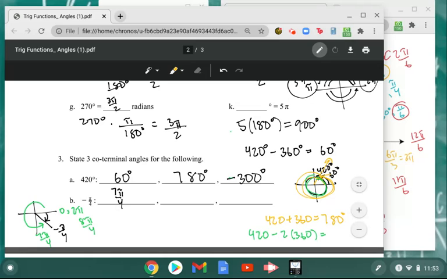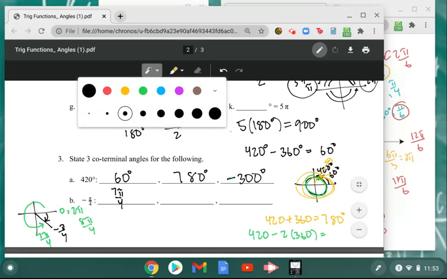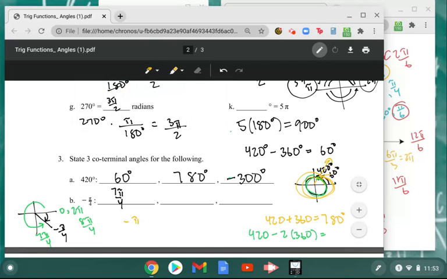That gets me to one of my coterminal angles, 7 pi fourths. From there, I can just keep adding and subtracting full rotations. But for these, I want to add and subtract 2 pi. So let's take that negative pi fourths and subtract a 2 pi. So I want to go backwards another full rotation to land on another coterminal angle. In my calculator, I'm going to ignore the pi, and just do negative 1/4 minus 2, and then put the pi on when I'm done.